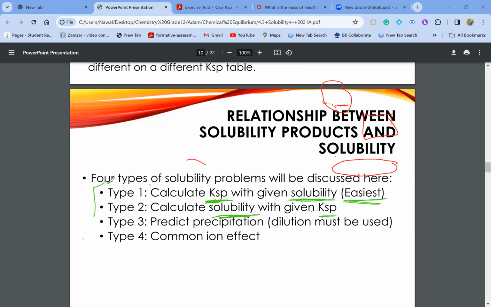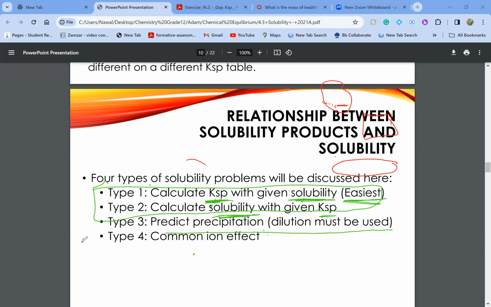This we will apply now, but the others we cannot apply because there is no time, and I need you to study before we come to apply them. Predict precipitation. Dilution must be used. This is very easy because we will give you two concentrations for the reaction and ask you which one precipitates and which one is in dilution.